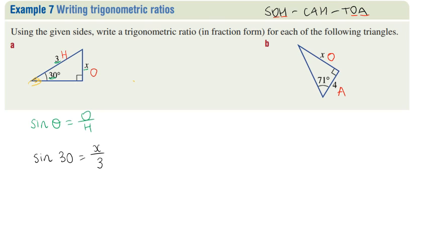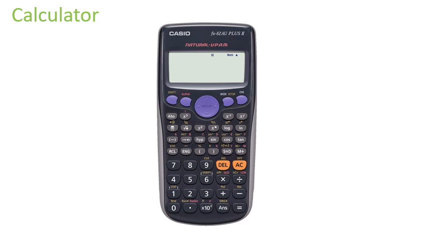So I write out the tan ratio here, O over A. Then I put in my values. So the value of the angle here is 71. The value of the opposite side is x, and the adjacent side is 4. Done.